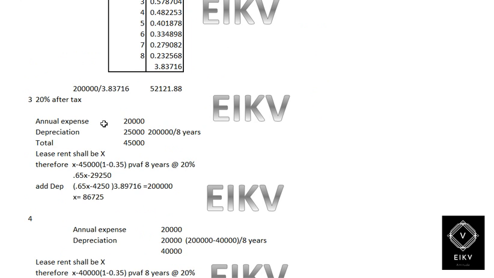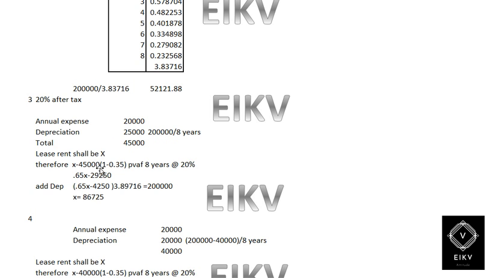Therefore annual expense would be 20,000 and depreciation would be 2 lakh divided by 8 years, which gives you 25,000. Therefore, the total expense would be 45,000, and X should be the lease rent.